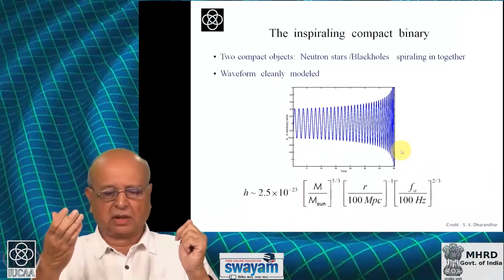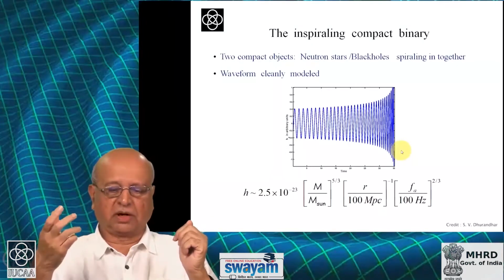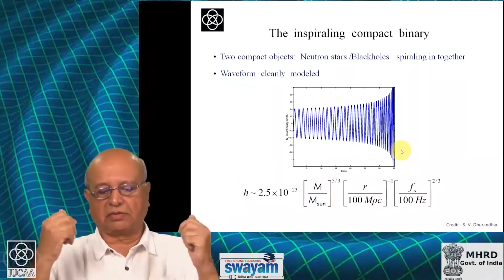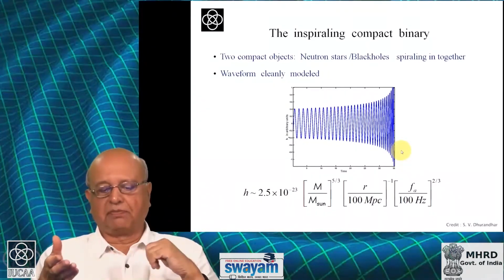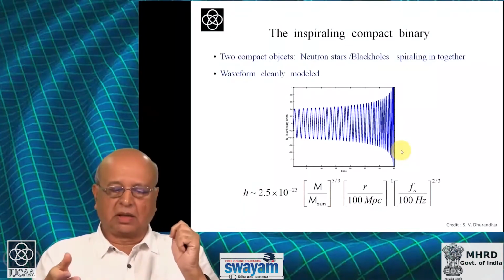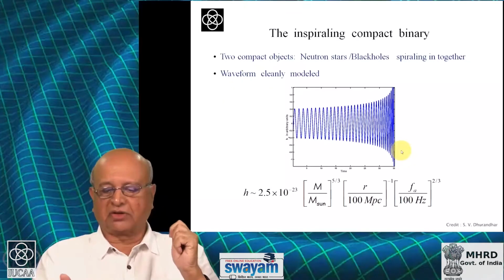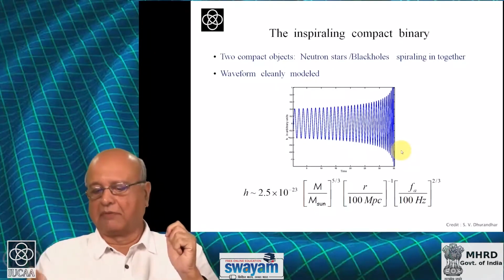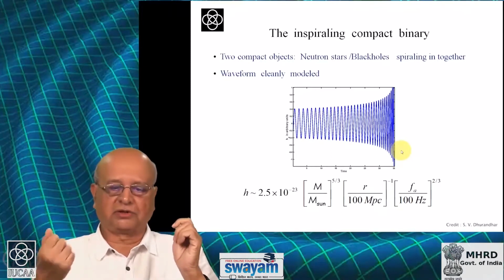If you take one solar mass binaries, this chirp mass turns out to be 0.88 if they are equal mass binaries. If the chirp mass is of the order of the sun, then h is of the order of 10 to the minus 23 if these binaries are about 100 megaparsecs away, and the frequency is about 100 hertz.